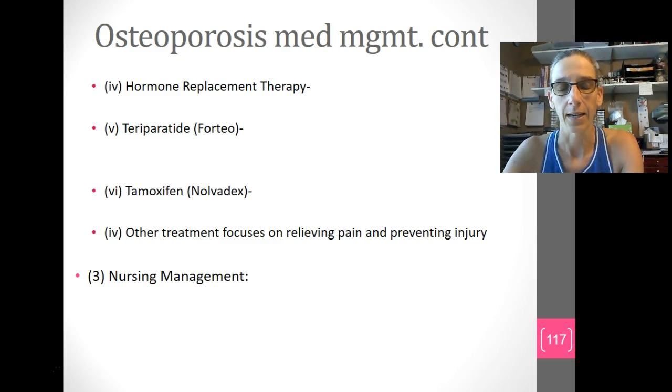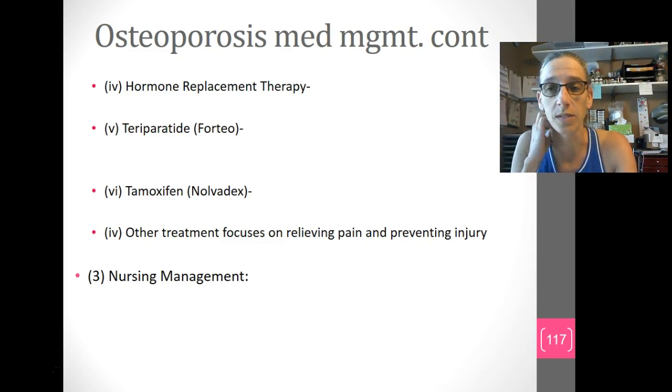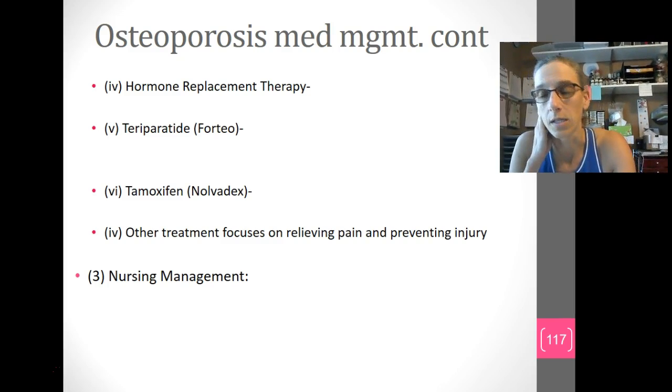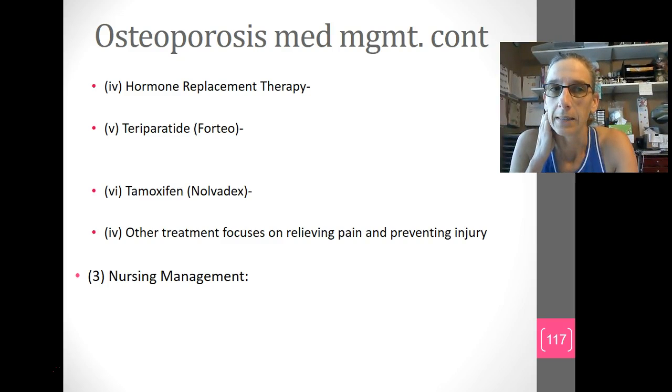So we did a bone scan, but at that point it was really a big deal about whether or not insurance was going to cover the bone scan, because I was not of age, I was not postmenopausal, I didn't fall into these categories for having osteoporosis. But we went ahead and took the risk, and did do the bone scan, and I do have osteopenia, so it's a mild, I'm on the road to osteoporosis, basically.